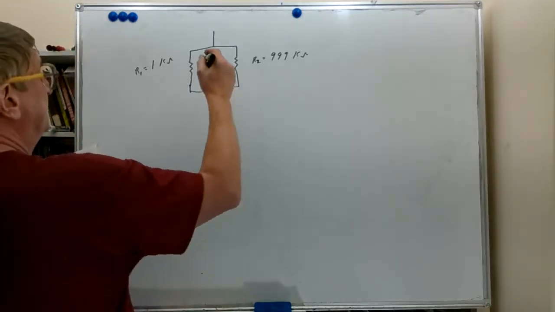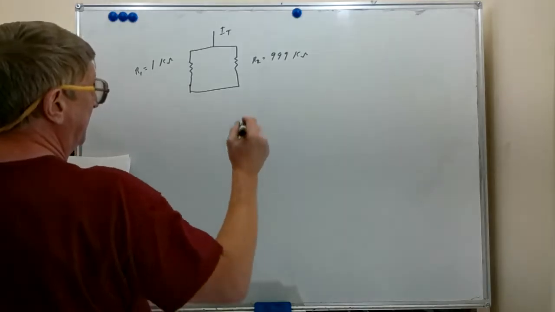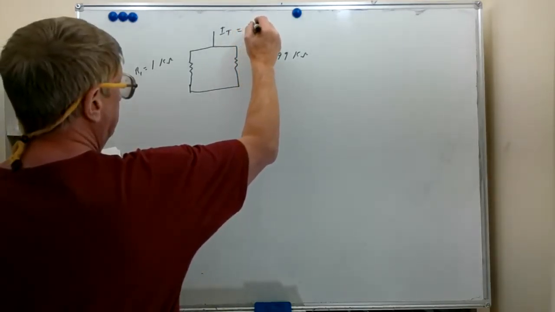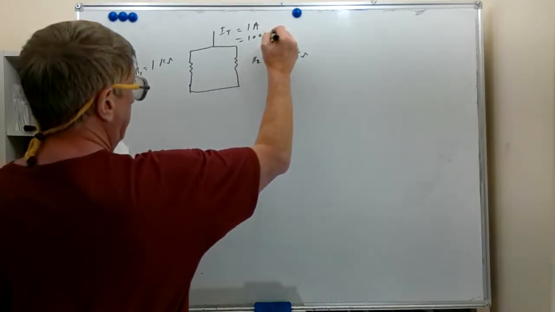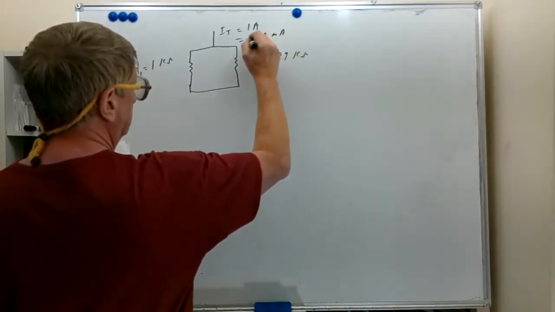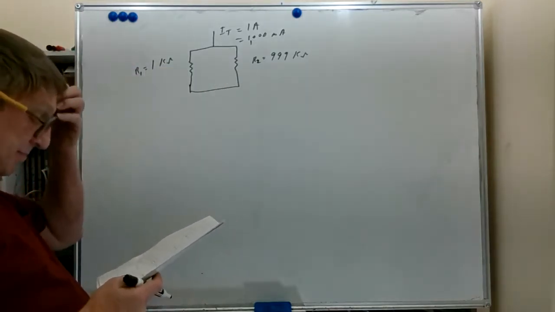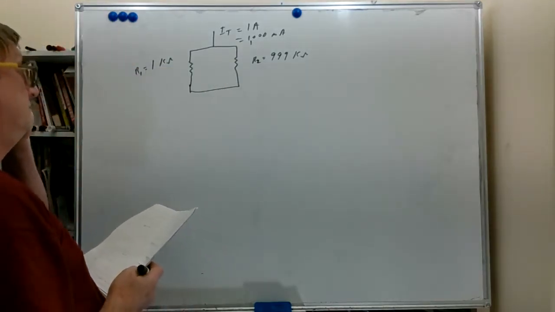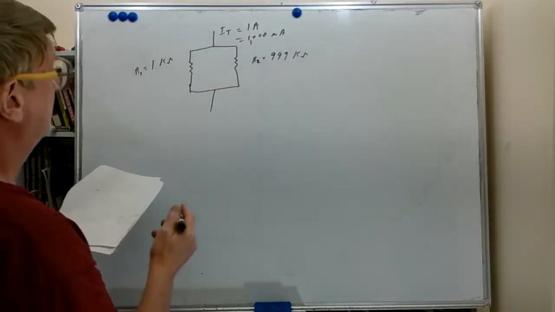And we have IT, a total current going into this of 1 amp, which is also equal to 1,000 milliamps. Now we're interested in how this current divides up. So let's look at I1.